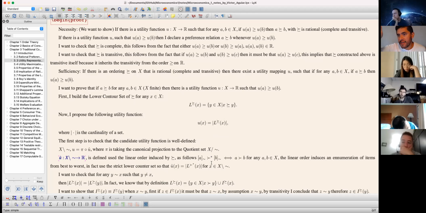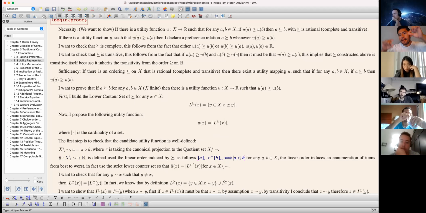Everything is strictly ranked, okay? So I just take 2 representatives, A and B, and I know they are strictly ranked. So without loss of generality, I assume A is better than B, on the quotient set, which is just inheriting the strict part of the original preference relation. And I realized basically that this holds whenever A is strictly preferred to B.